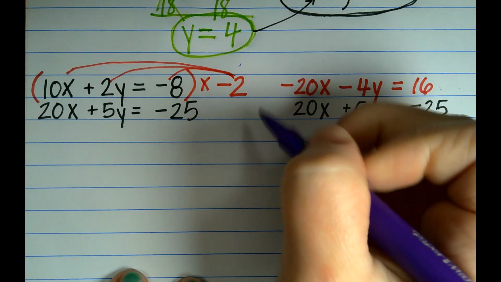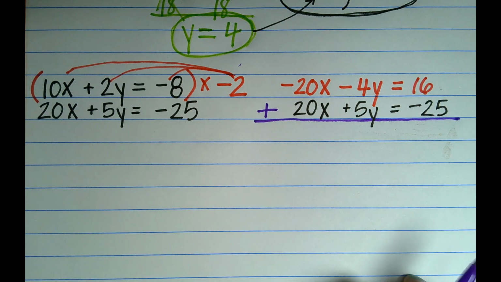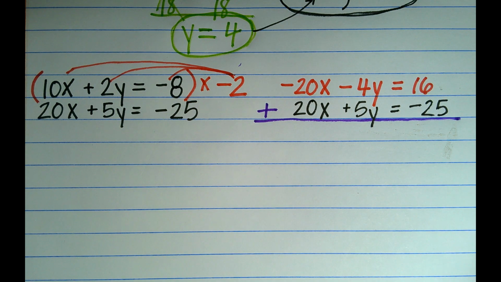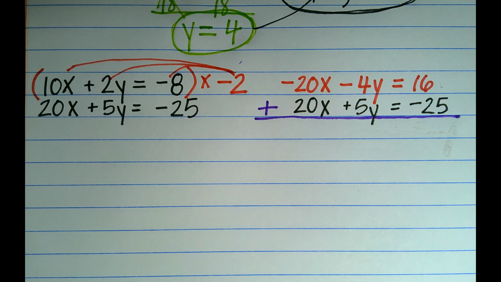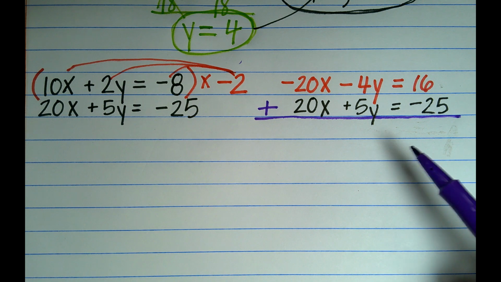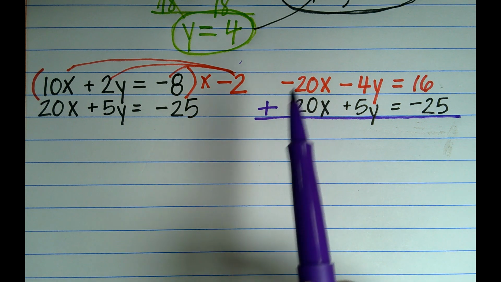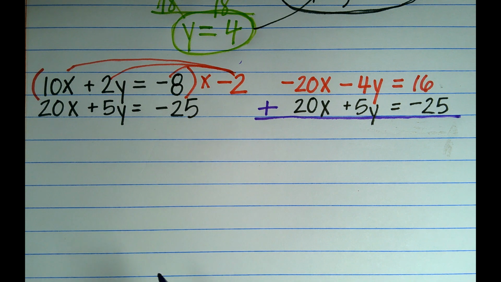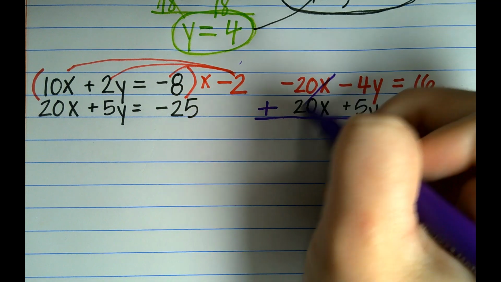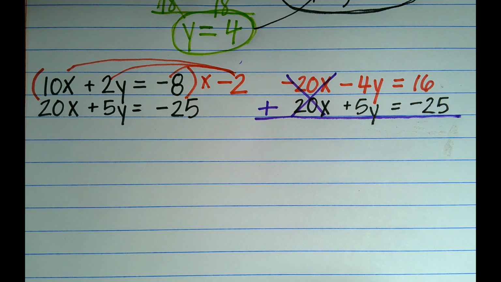And now we're just going to add the equations together. Now this one's really nice because you're not going to have to do a whole lot to solve for y in a minute. What happens to my x values? They cancel. We eliminated them. They're gone. -20, positive 20, they cancel.